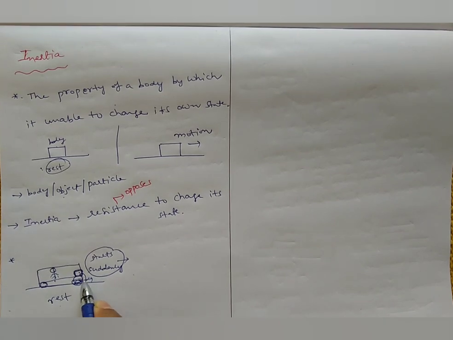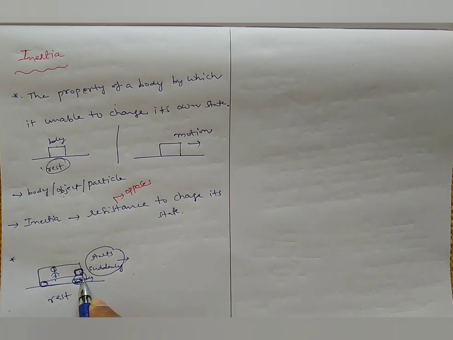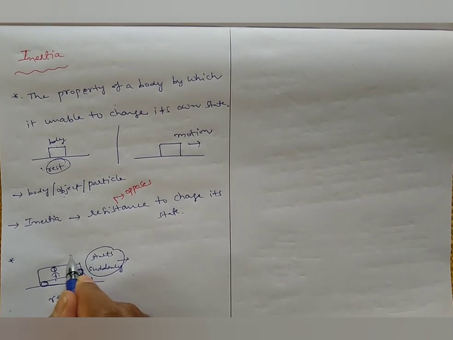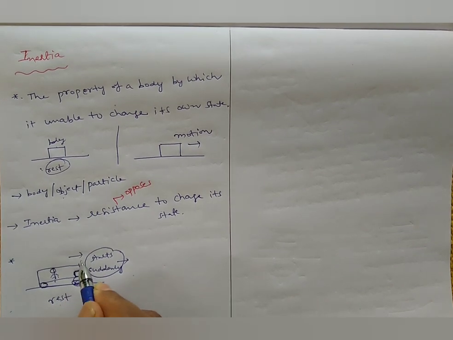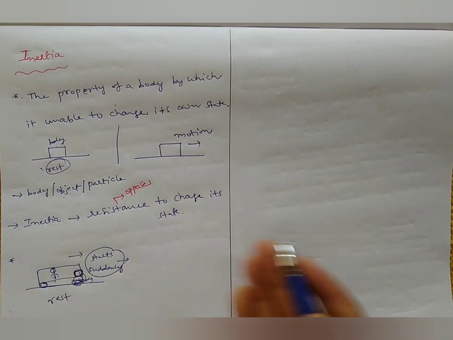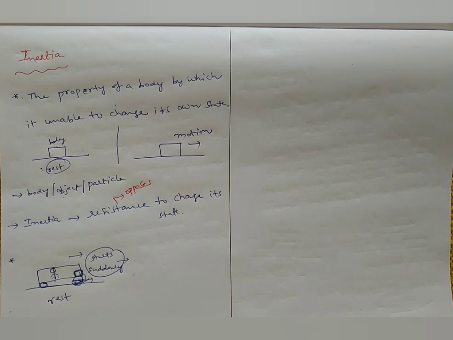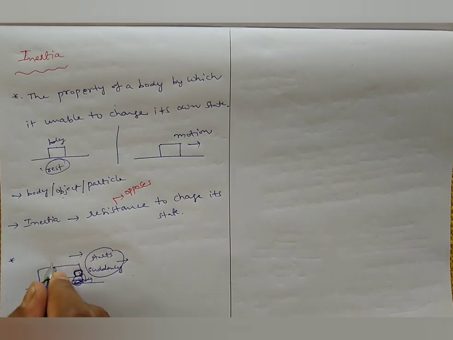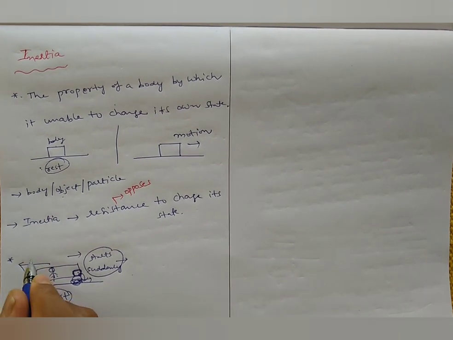The driver is applying the force on the bus, so that the bus starts suddenly in this direction, to the right side. What about the passenger? Initially the passenger is at rest and the driver is not applying the force on the passenger. Then this passenger is thrown backward because he wants to be in the same state. So he is thrown in the backward direction.